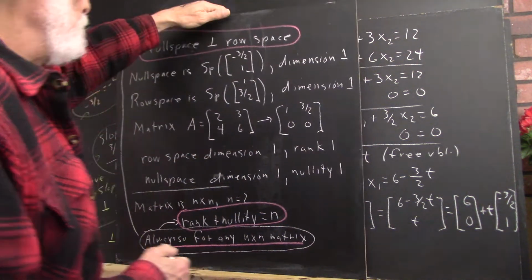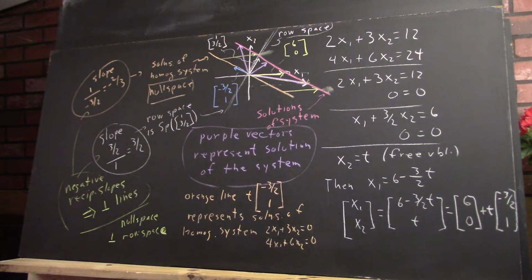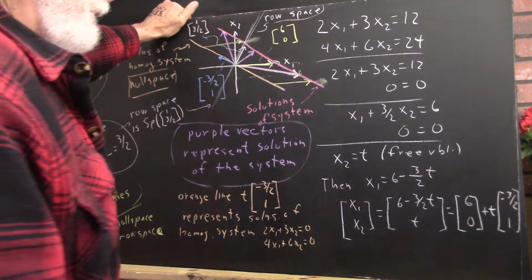Now what I want to do is go ahead and just show you, without going through the details, because the details simply come down to some more matrix reduction and so forth.